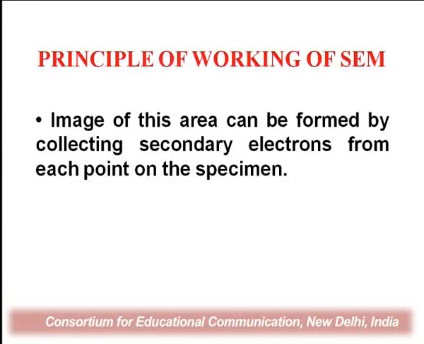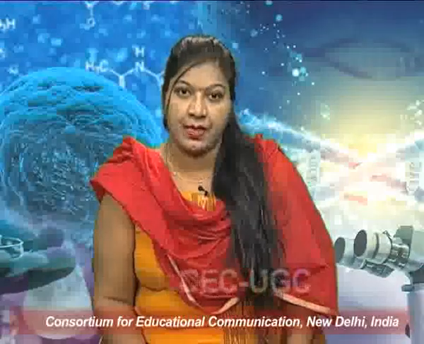Then we can get the image of this area that is formed by collecting the secondary electrons from each point of the specimen, and this image is the SEM image, scanning electron microscope image, that represents the surface of the material which is prepared.